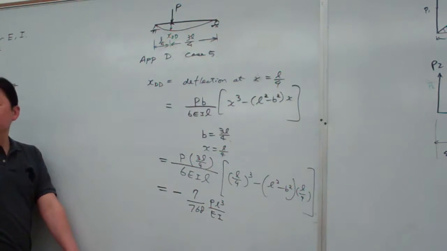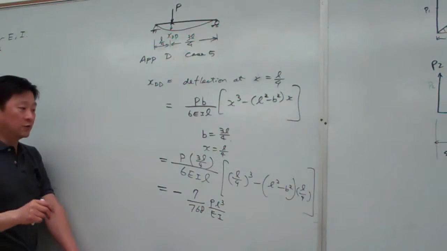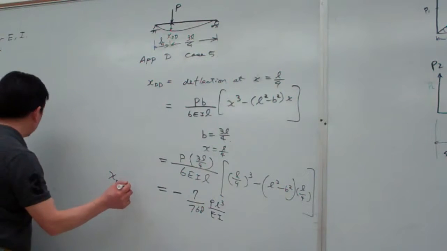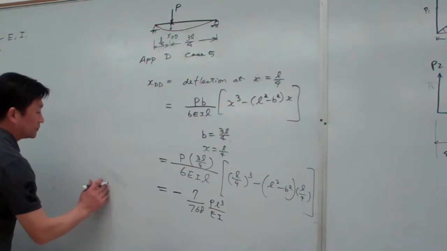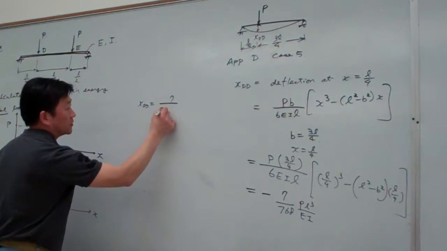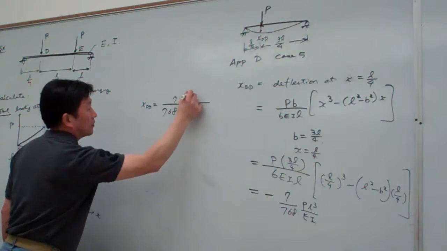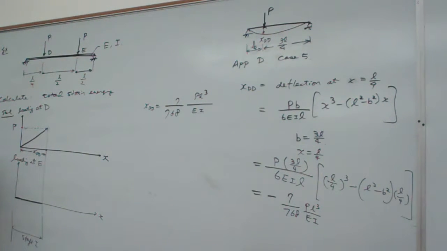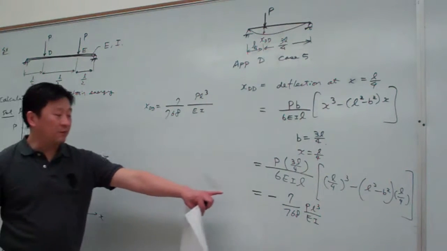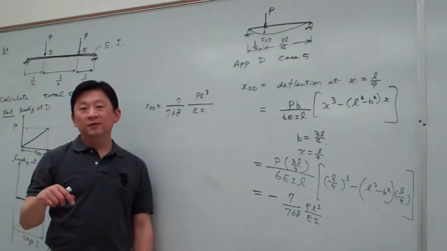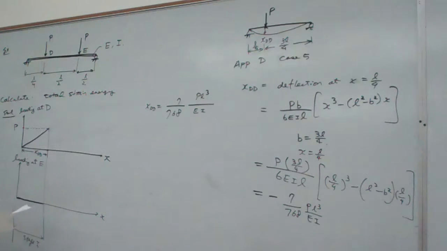So for whatever information, we only take the magnitude. So in the later calculations, XDD will be equal to 768 EI, PLQ. Okay? We only take the magnitude. We don't care about the sign. And this minus, if you look at the appendix, indicates the deflection is downward. That's it. It means nothing. Just means it's downward. Okay?